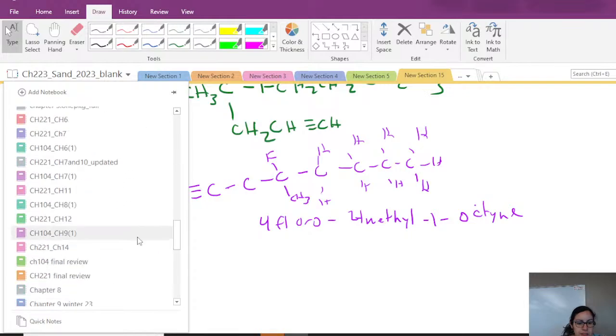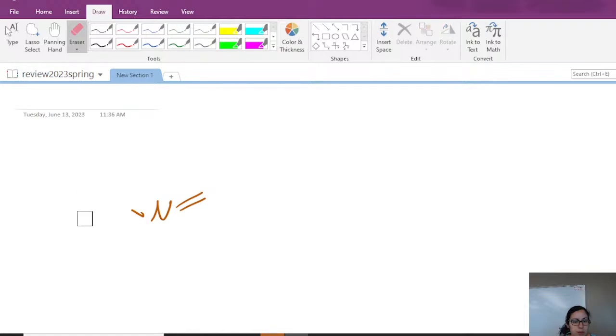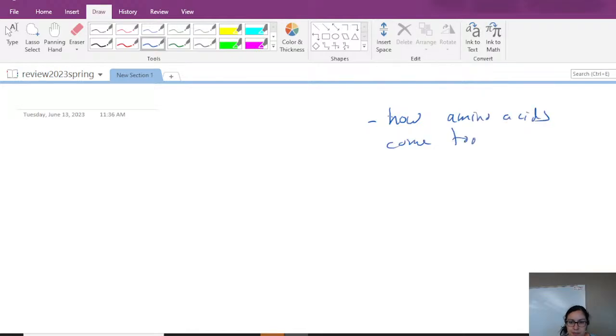For the exam, you want to focus on how amino acids come together, so we can go through that again. That would be one of our condensation reactions, making that amide bond.